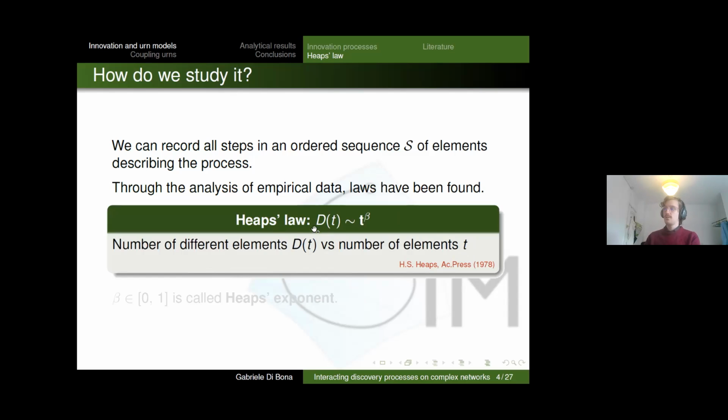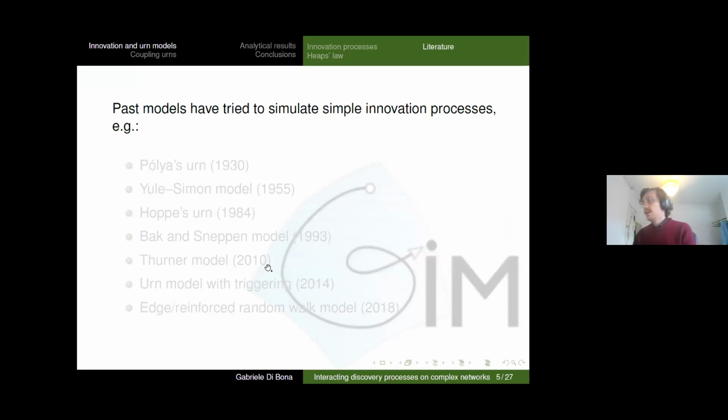The Heaps' law says that within an innovation process, D of t goes like a power law behavior, t to the power of beta. Of course, beta has to be between 0 and 1, obviously. This is called the Heaps exponent. It represents our discovery rate, so the higher it is, the more we discover.